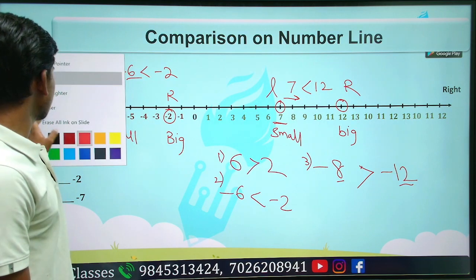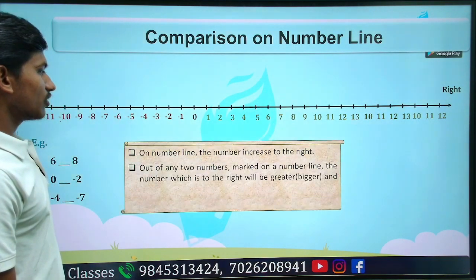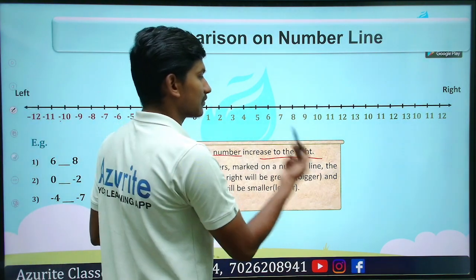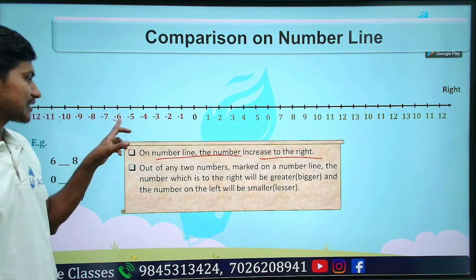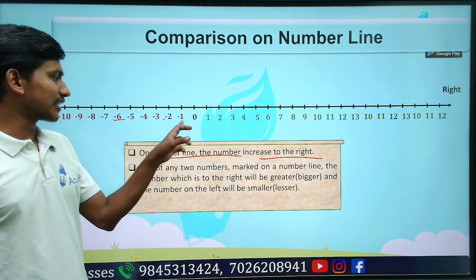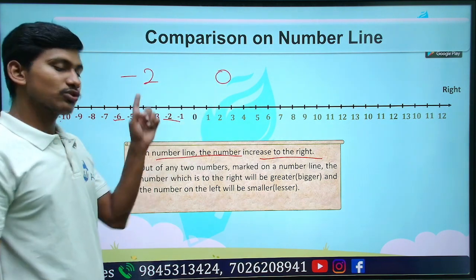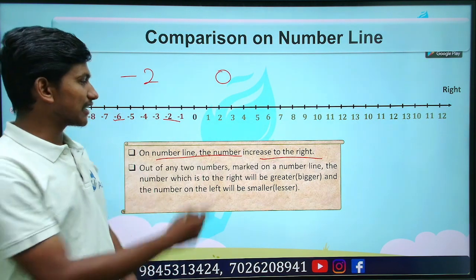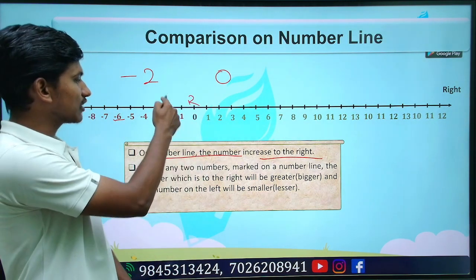Let us see. We know on the number line the numbers increase towards the right side. That is why minus 6 is smaller than minus 2. Here, if you take minus 2 and 0, which will be bigger? 0 will be bigger. 0 is on the right side of minus 2, and minus 2 is on the left side.